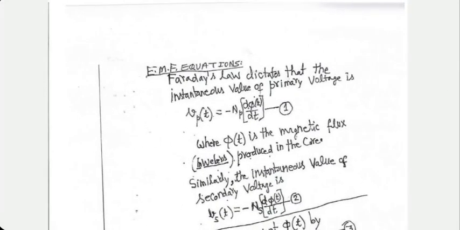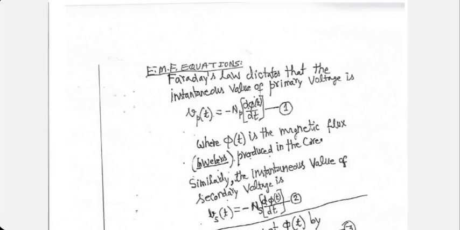It is Faraday's law that dictates the amount of EMF that would be generated in both the windings. The instantaneous value of the primary voltage, let me represent it by a small vp as a function of time. If phi t is the instantaneous value of the magnetic flux going through the core, which is the assembly on which primary and secondary windings are wrapped, right?